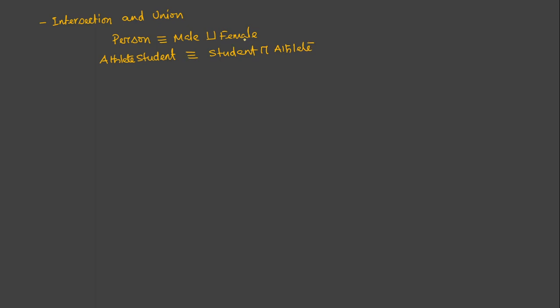So you can take intersection and union of two class expressions, and needless to say, you can say that C is equivalent to C1 intersection C2 or equivalent to C1 union C2. So this C1 and C2, they can be atomic concepts, they can be complex class expressions also, right?